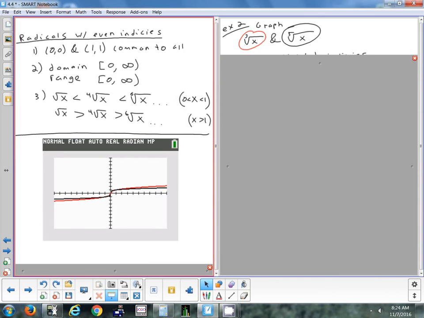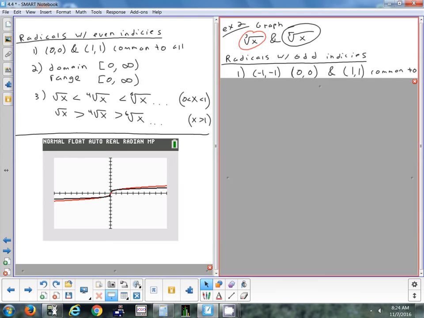The first thing you should notice is that it does go in both directions. Does anybody see a point that's common to both of those? (0, 0). Yep, (0, 0) is a point that's common to them. There are actually 2 other points: (1, 1) and (-1, -1) are points that are common to all of them.